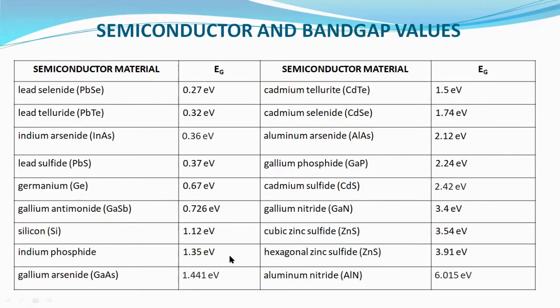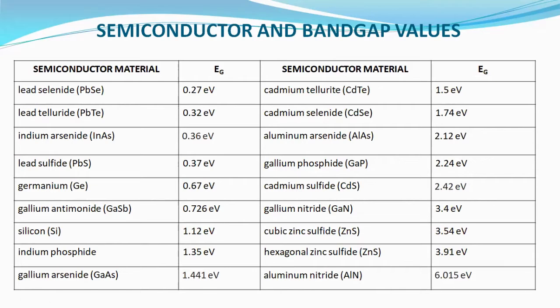Then indium phosphide 1.35 electron volt, gallium arsenide 1.44 electron volt, then cadmium telluride, it is 1.5, cadmium selenide, it is 1.74, aluminium arsenide, it is 2.12 electron volt, gallium phosphide, GaP, very famous semiconductor material.